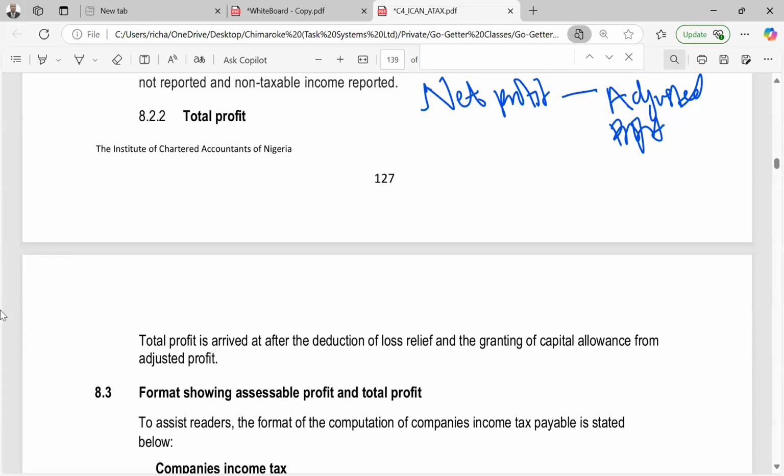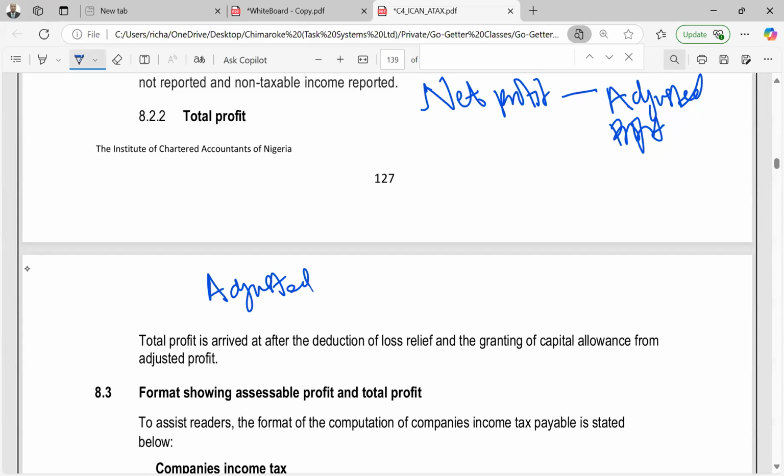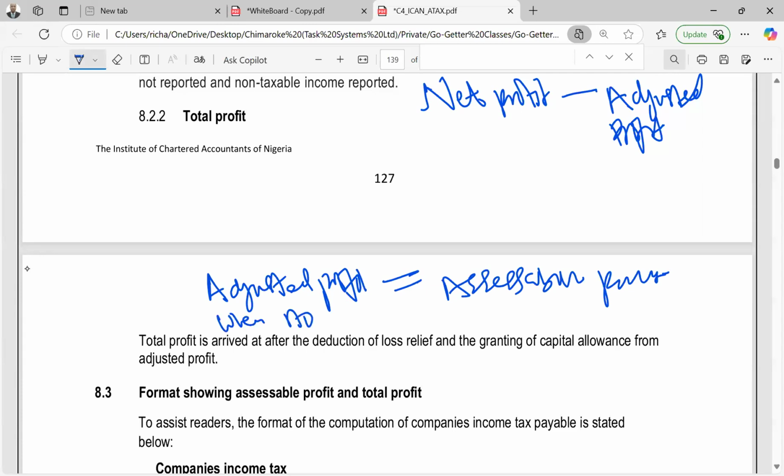So the only time that total profit is the same as accessible profit, if adjusted profit is equal to accessible profit, is when there is no loss and no capital allowance.